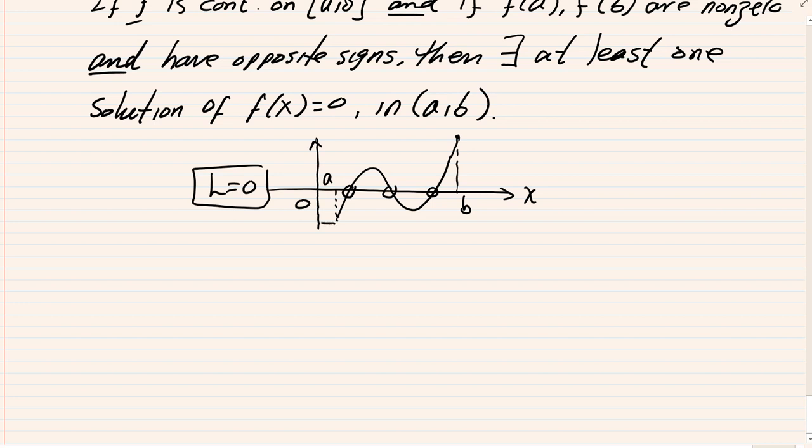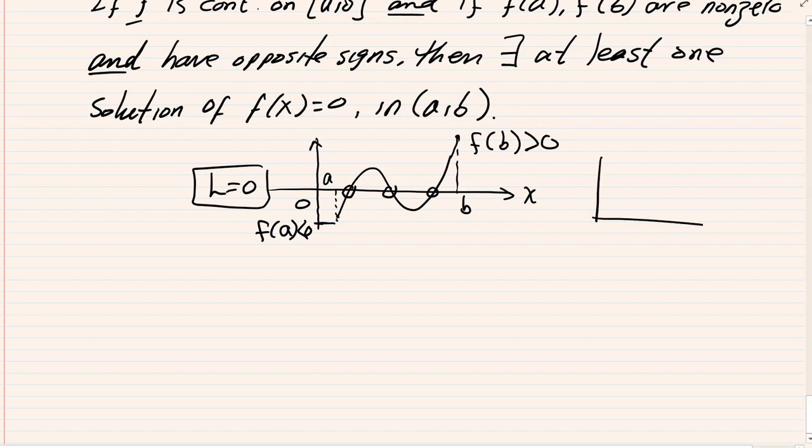And f at a is less than 0, negative. f at b is positive. The function is continuous. So because it's continuous, the transition from negative to positive has to go through the x-axis. It cannot suddenly jump, right?